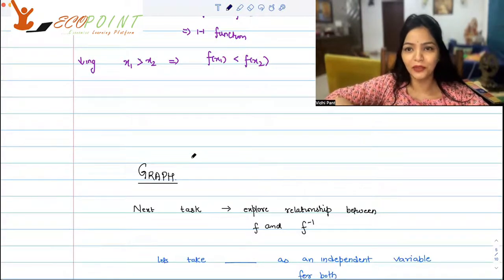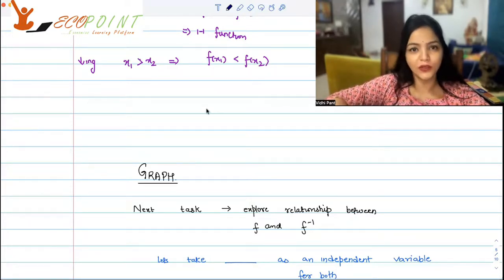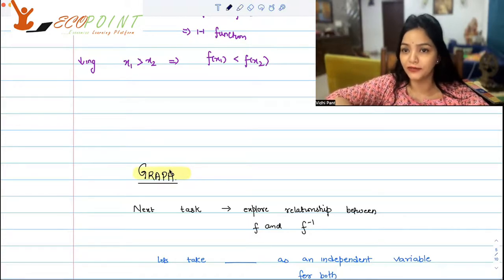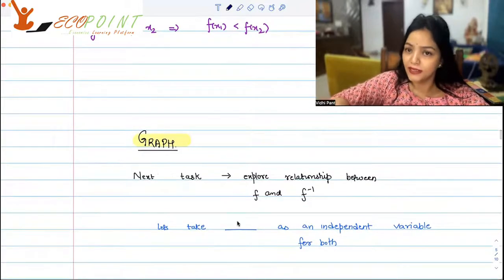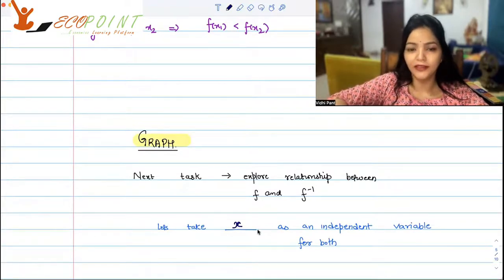Now, finally, with all this background, we should be able to work up through the graph of an inverse function. So let's work on that graph. Let's explore the relationship between f and f inverse graphically. What we will do here, let's take x as an independent variable for both. First of all, I just spoke about it a few minutes back.